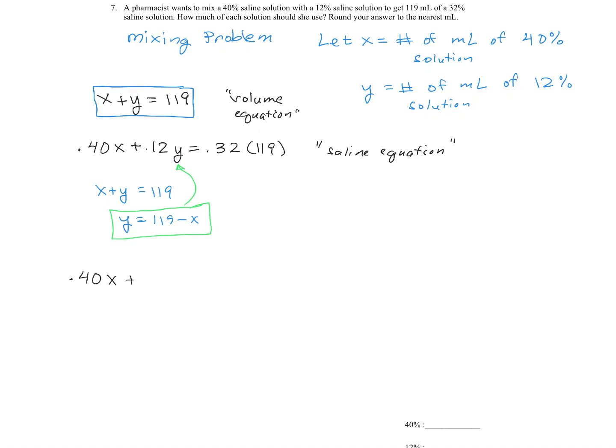So that makes 0.40x plus 0.12, there's a decimal there, times the y, which we know is 119 minus x, and that equals the product of 32 and 119, which is 38.08.